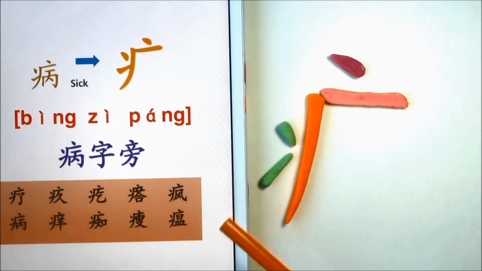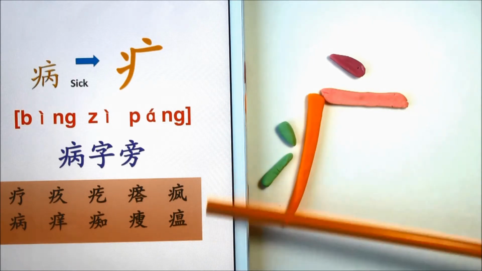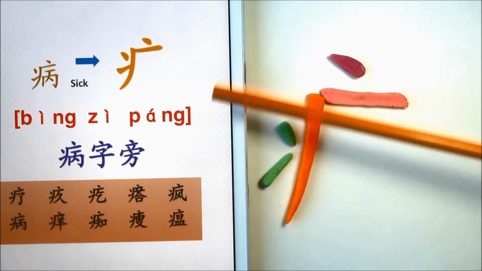This radical is often at the left of a character, and most of the characters that 病字旁 can make are related with disease. Here are some examples of what 病字旁 is a building block of.